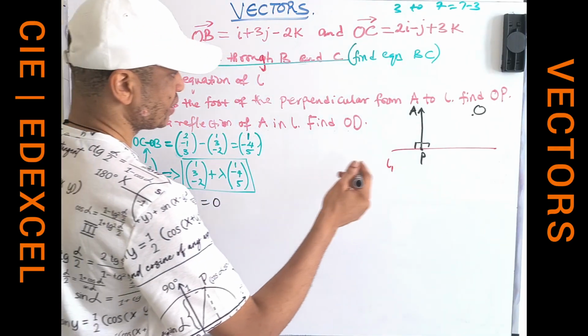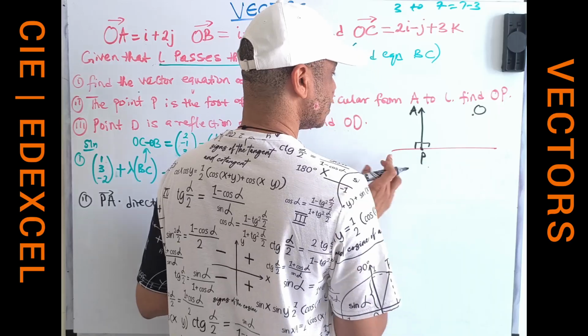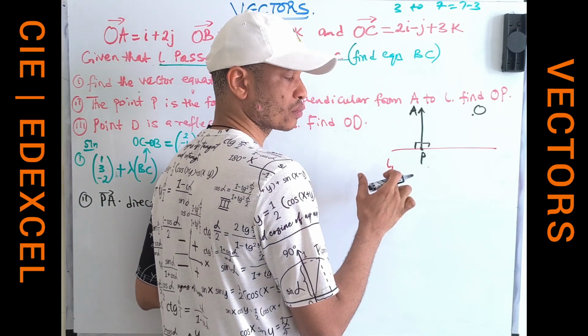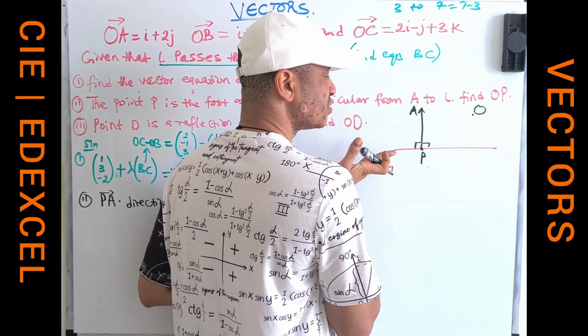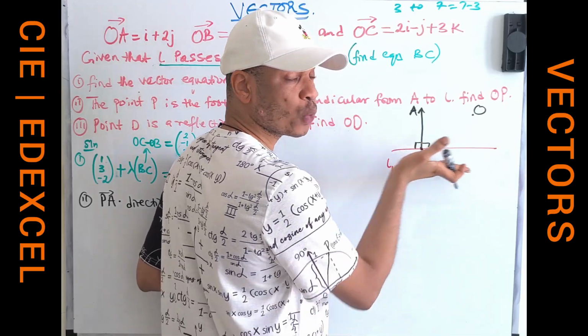So I need to find PA. What is P? P is on L1 because anywhere here is L1. This is the equation of a line, the vector equation.